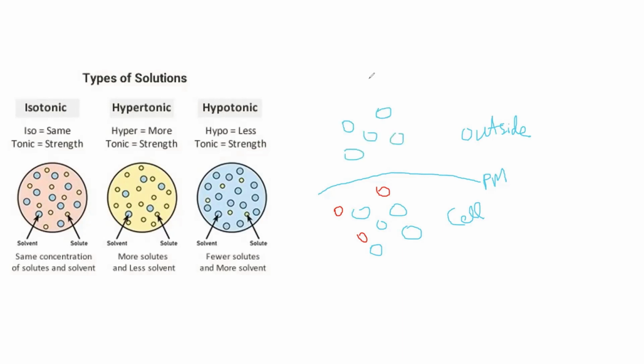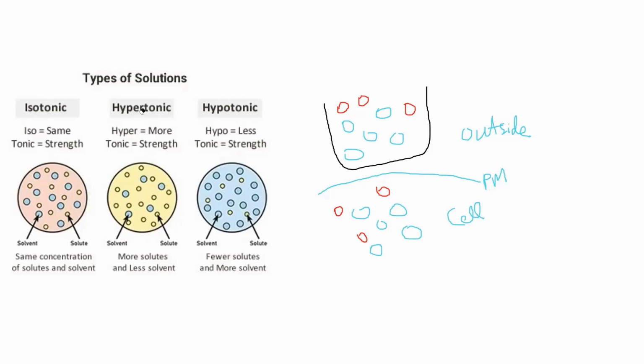So that means the outside of the cell has the same strength as compared to inside, fine. Any solution which is present here is isotonic to the environment of the cell, which means it has the same strength as that of the cell. It has the same number of water molecules and solute molecules as compared to the cell. So this is the isotonic condition, right?